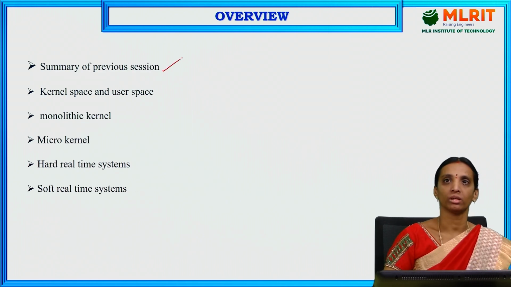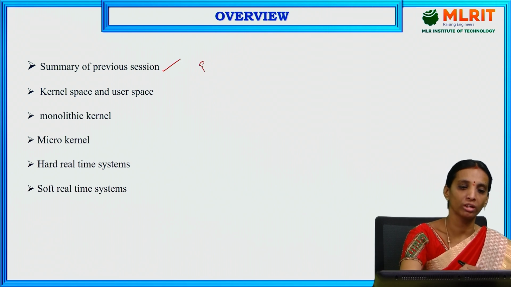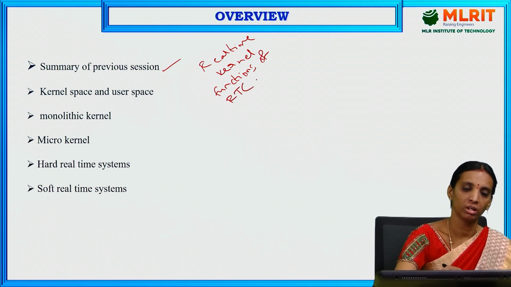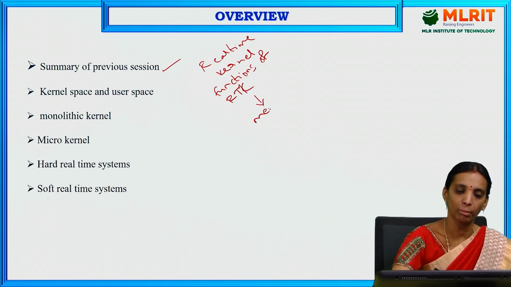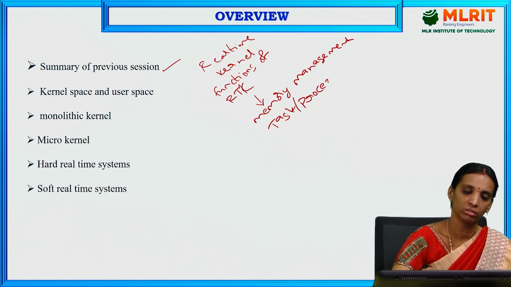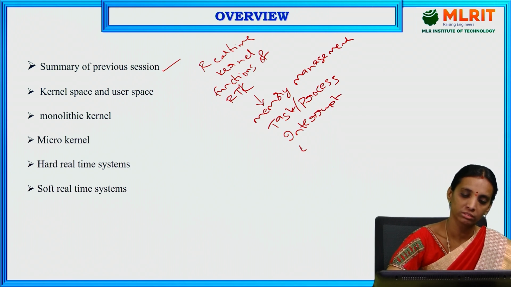Summary of the previous session. In the previous session, we discussed what is meant by real-time kernel and what the functions of the real-time kernel are. In the functions of the real-time kernel, we discussed memory management, task management or process management, interrupt handling, errors or exceptions, and time management.